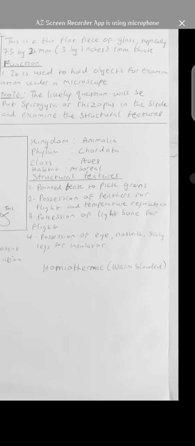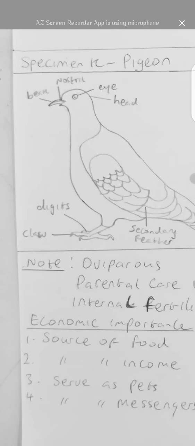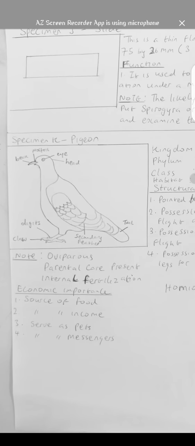All right. Now, basically, it's not hard. What they will do is they'll simply ask you the similarities between these different creatures and the differences. For example, birds and lizards, what's their similarities? They both have scales. Birds have scales on their legs. They are both chordatas. They both belong to the animal kingdom. Very easy. Okay? Now, still under notes for pigeon.